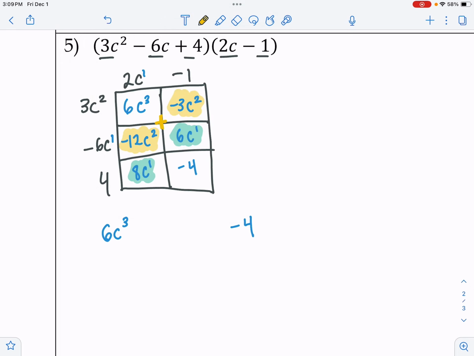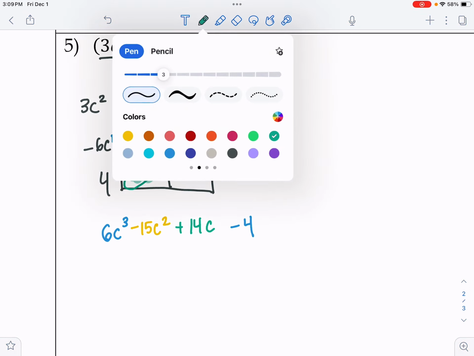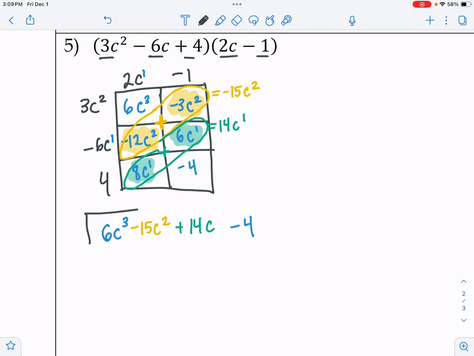Remember, when you're combining your like terms, exponents don't change anymore. Negative 12 plus negative 3 is negative 15. And then 8c1 plus 6c1 is 14c1. So just write the c. And so that would be our final answer.